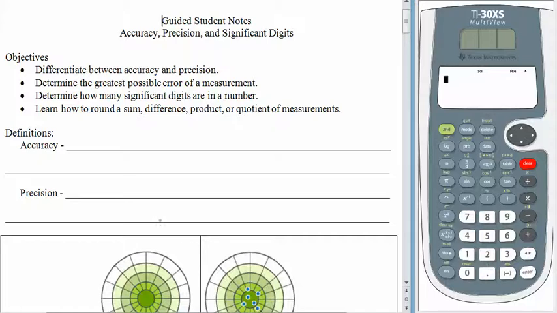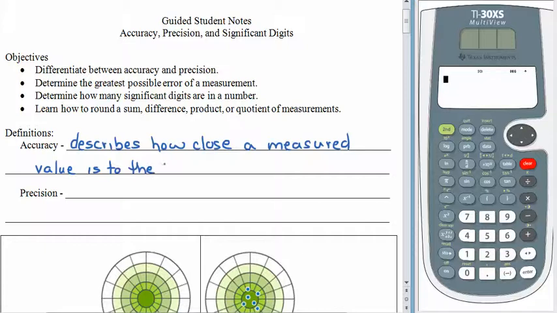Let's get started here. Accuracy describes how close a measured value is to the true value. If you measure something and claim that it is 2 inches long, that's what you say.